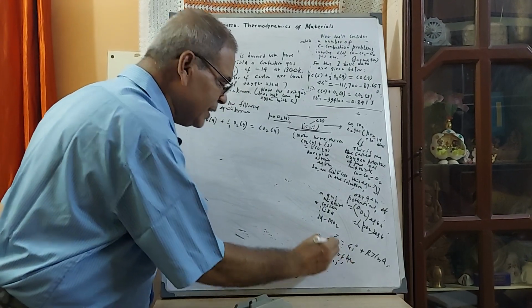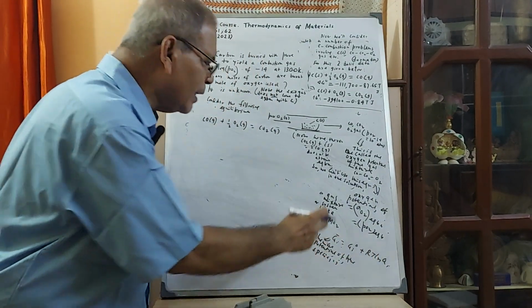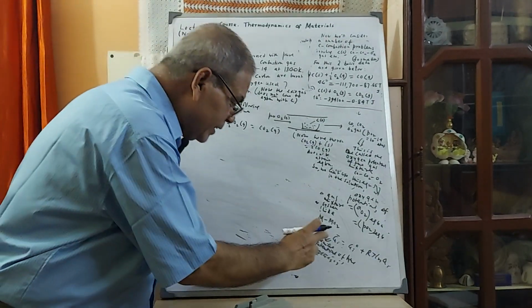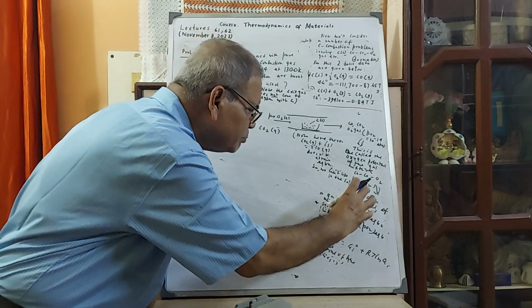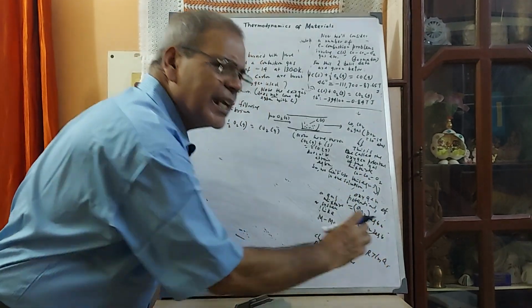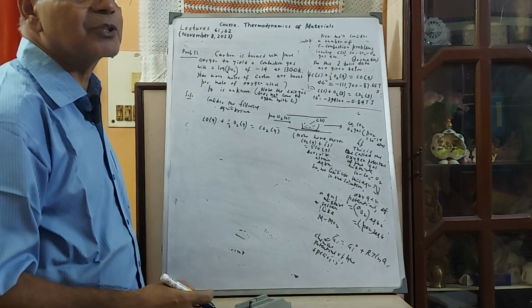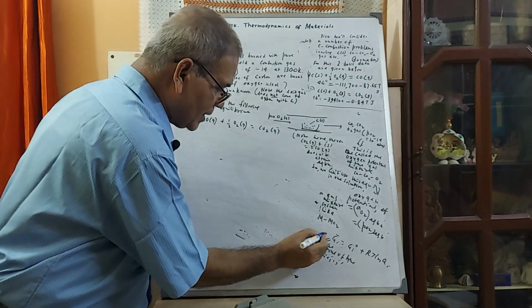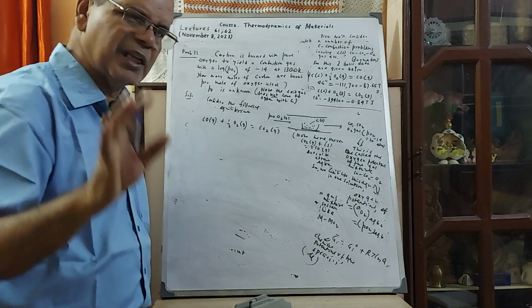But then you have a difficulty, sir: G_O2 is not RT ln a_O2, but you are saying a_O2 only. If this is the chemical potential of oxygen, it has RT, and not only that, G_i 0 plus RT ln a_O2. Then you have to distinguish between these. This is G_i bar, also known by another common symbol, mu.